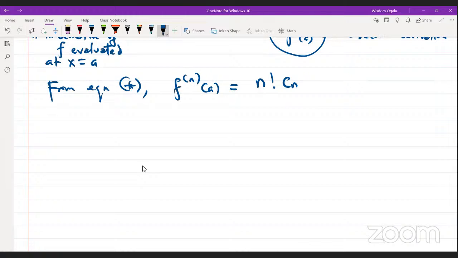So what do we do? Divide through by n factorial. So that means my Cn is going to be this. So far, what are we trying to do? This is going to lead us to a theorem that gives us an idea of what the Taylor series is all about. It's really going to give us that, and we'll see what's happening.